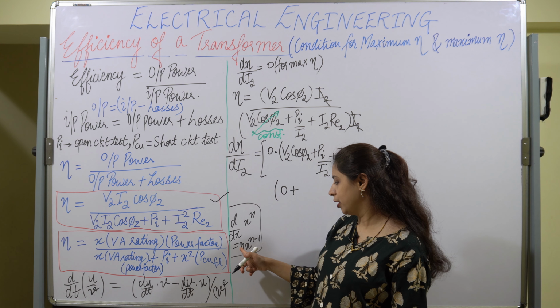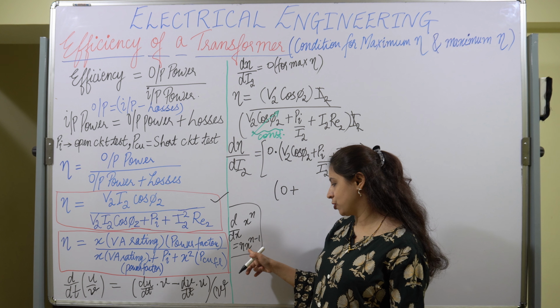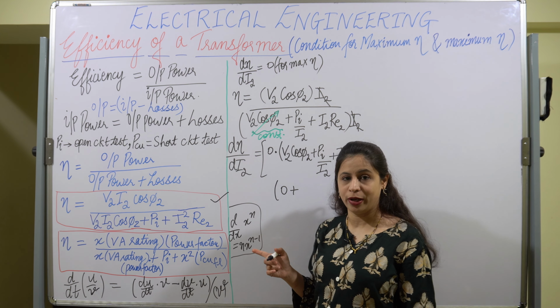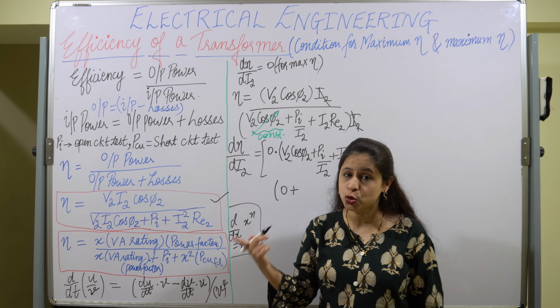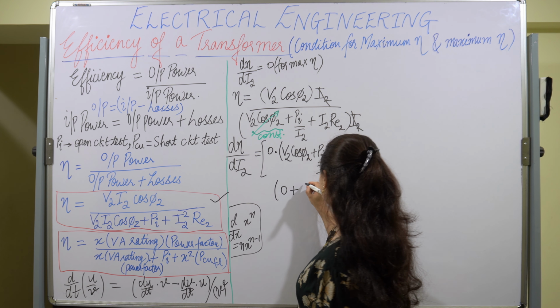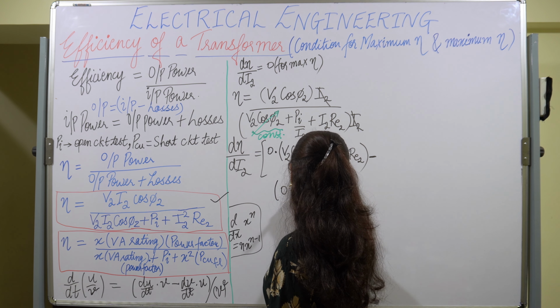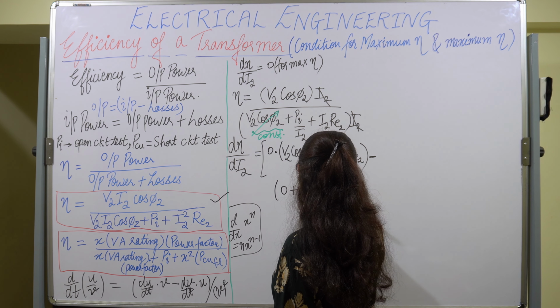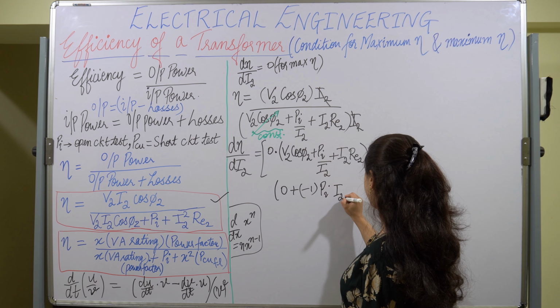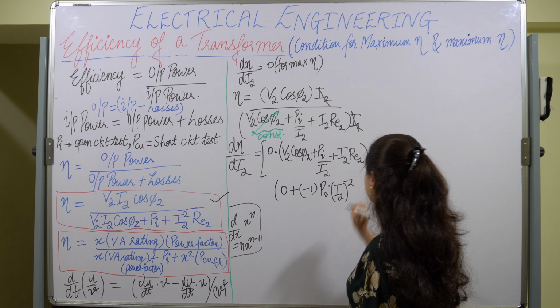So here it will come minus 1, x to the power minus 1 minus 1, so x to the power minus 2. So we'll get minus 1 times Pi and I2 to the power minus 2.